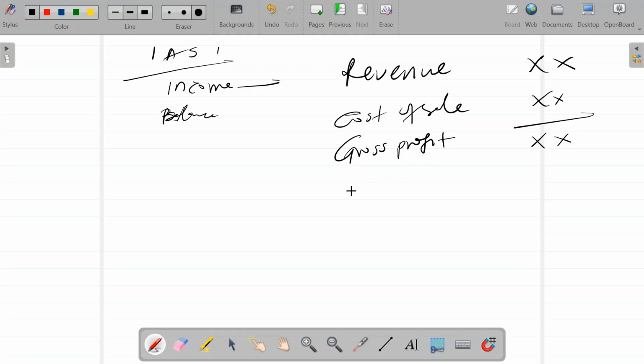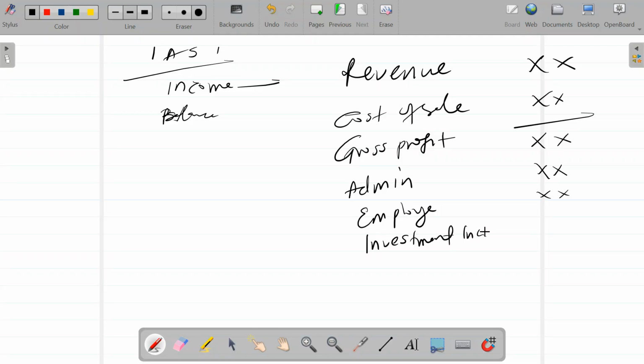Then we have maybe admin expenses, employee, general and administrative expenses. All those will come here. Profit or loss on disposal of assets, investment income. If you have investment income, you can add other, so that will be other income. You can bring it here.